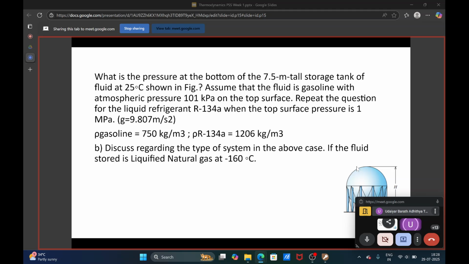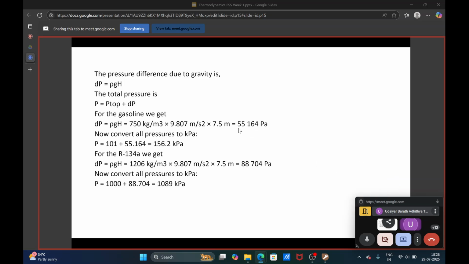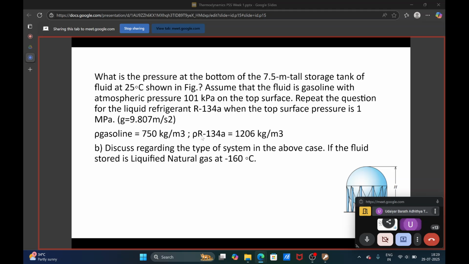How do you define this system? First is your pressure difference due to gravity. Same problem; try solving this as best you can, and then we'll see the solution.